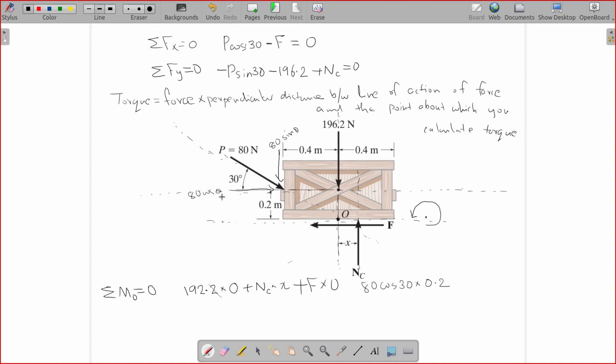So if 80 cos theta is acting this way, and if the object is pinned at O, in which direction will it tend to rotate? Clockwise or anti-clockwise? No answer.